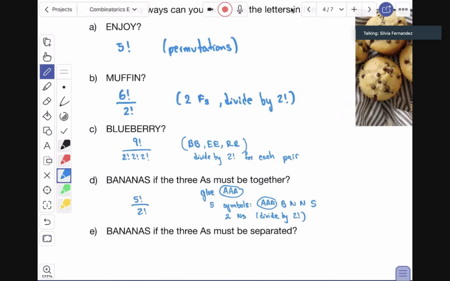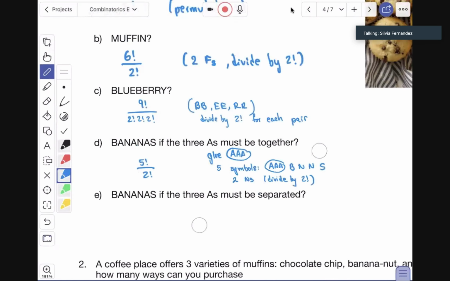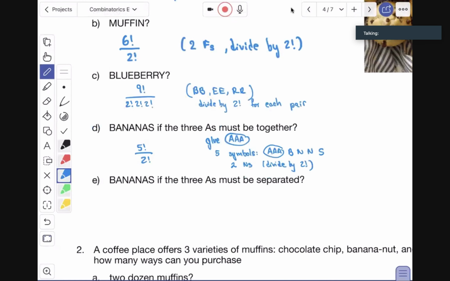And then if the 3 A's are separated, there are more than 2 things that you can do here. So one of the most typical methods is to first rearrange all the other letters.